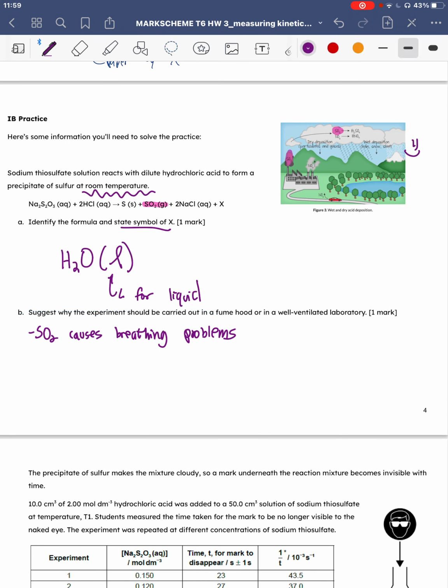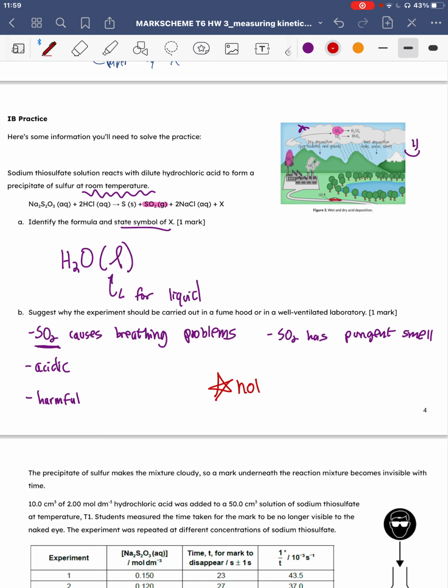They also accepted that it's acidic, which you're able to see here in this picture. They also accepted just that SO2 is harmful. And you do need to identify SO2 in order to get that mark. SO2 has a pungent smell. So all of these were accepted by the IB.